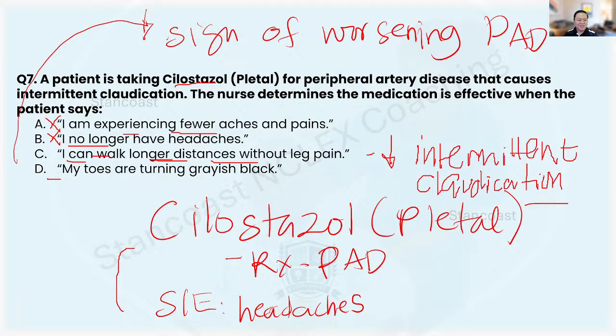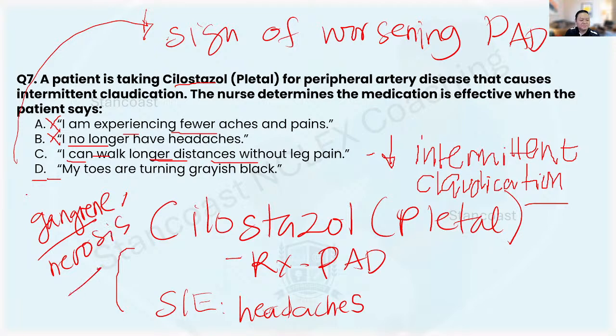Okay. Again, the black toes are going to be a sign that there is gangrene, necrosis. There's no effectiveness in the medication, or maybe the patient is just not taking it, right? It's a worsening of the PAD. Okay, so I hope that you're able to capture the simplicity of my rationale here.